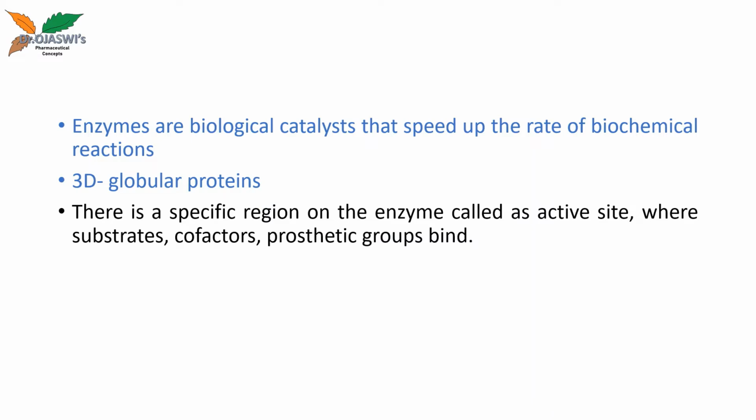There is a specific region on the enzyme which is called the active site, where substrates, cofactors, prosthetic groups bind. So on each enzyme there is something called the active site. This is the 3D enzyme structure which we have seen just now. For better understanding, we usually draw enzymes in this way.